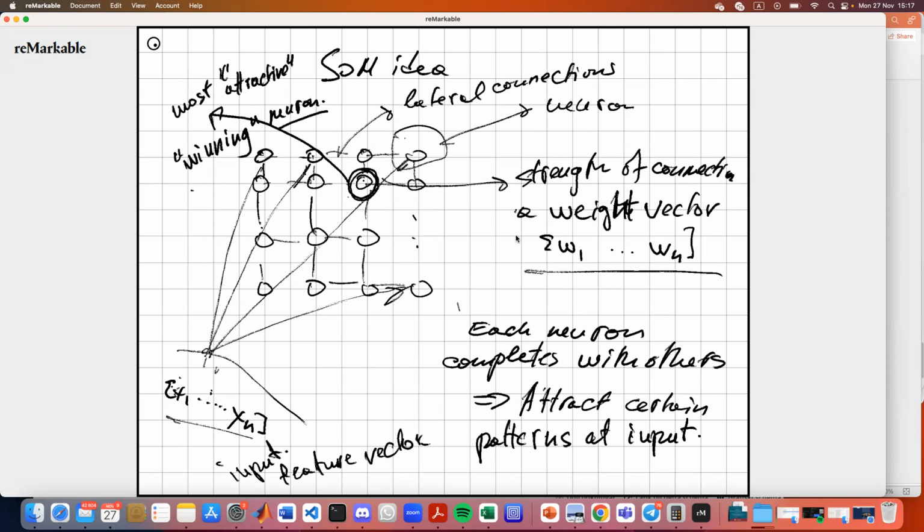The idea is that as soon as this neuron is determined, it performs adjustment of the neural weights, the connection weights, in its vicinity, in its neighborhood. This strategy is called winner takes all.